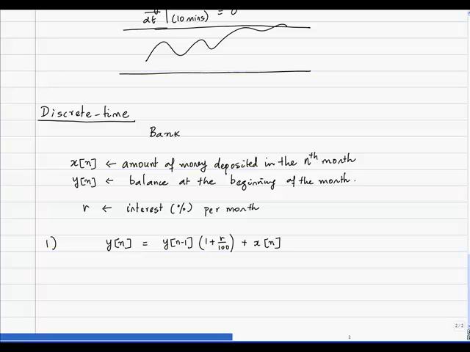If I give you a signal x of n, if I told you that this person deposited $500 the first month, 300 in the next month, 250 in the third month, and so on and so forth, then you could figure out y of n based on x of n.